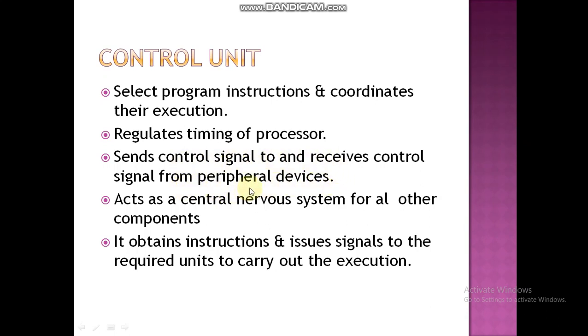Now peripheral devices means all the input and output devices connected to the computer system. It acts as the central nervous system for all other components. It obtains instructions and issues signals to the required units to carry out the execution. So this is control unit.